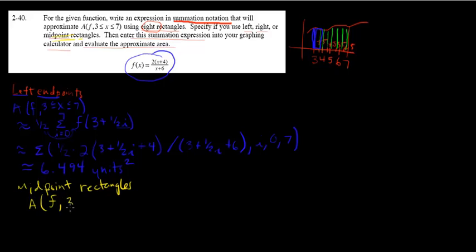We're approximating the area of f between 3 and 7, so we use the approximate symbol.